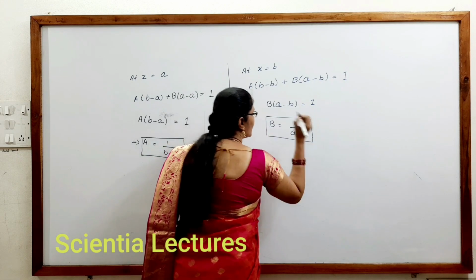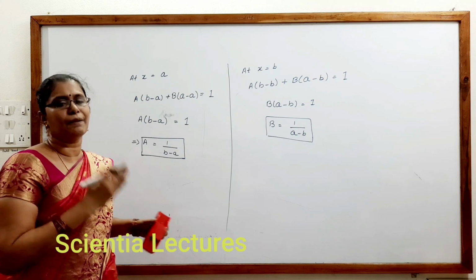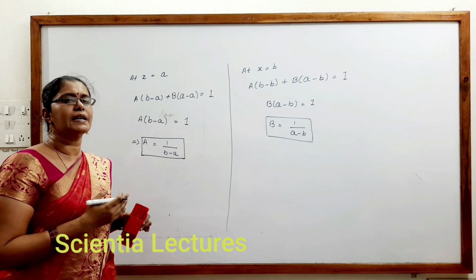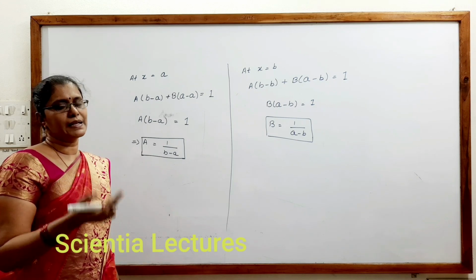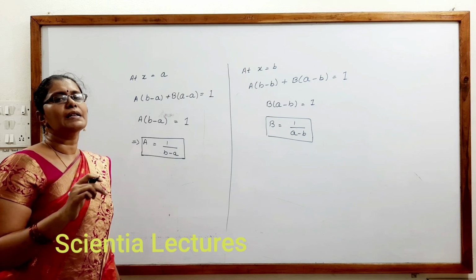Now in that equation, to substitute the constants A and B, when we split it as a partial fraction, integral of dx by (a minus x)(b minus x) could be written as integral of A by (a minus x) dx plus integral of B by (b minus x) dx.